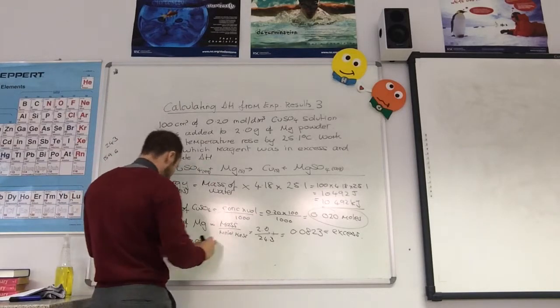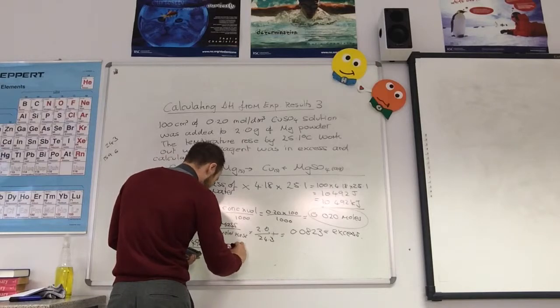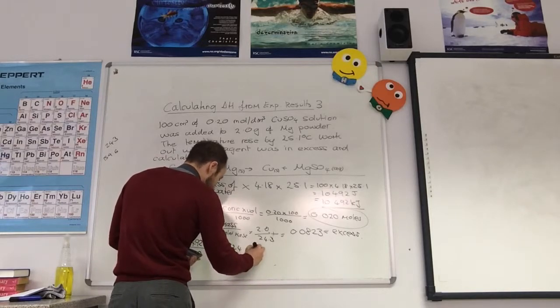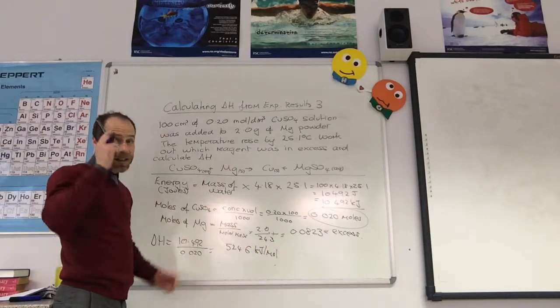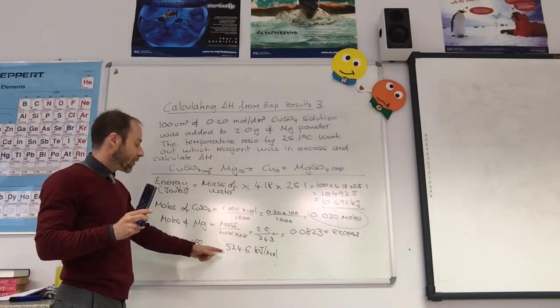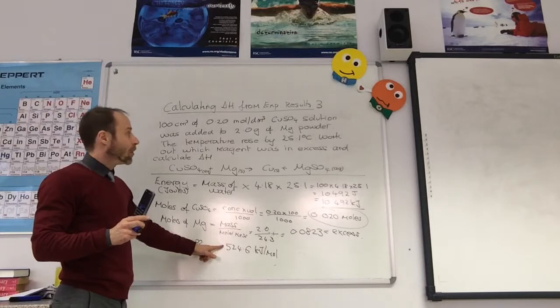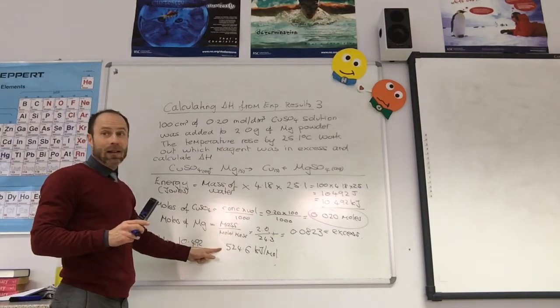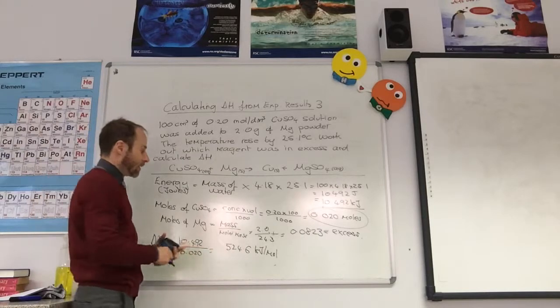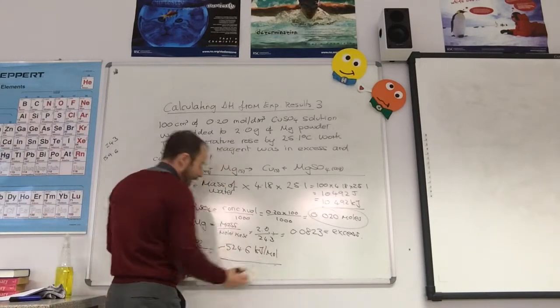That equals 524.6 kilojoules per mole. Always think, is it exothermic or endothermic? The temperature went up, so what sign do I need to stick there? Minus, brilliant. And that's my answer.